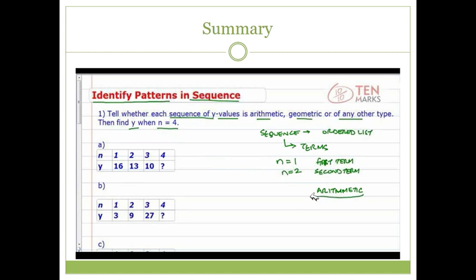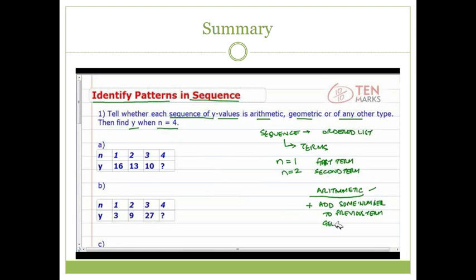If the second term value is the first term value plus something, so when I add the same number to the previous term to get the new term, that's called an arithmetic sequence.